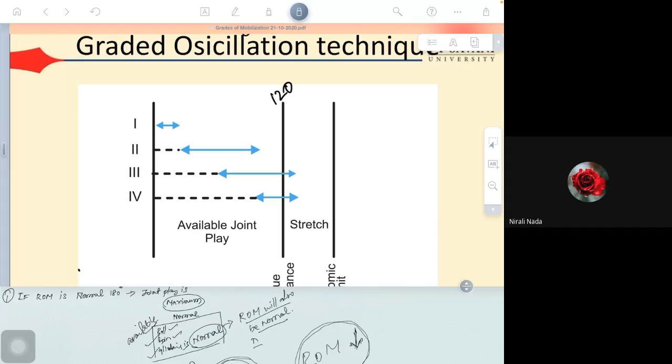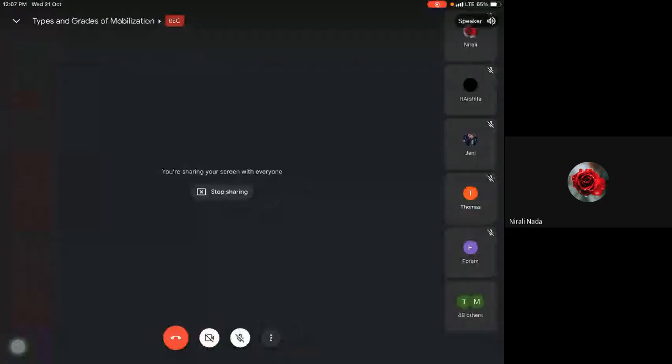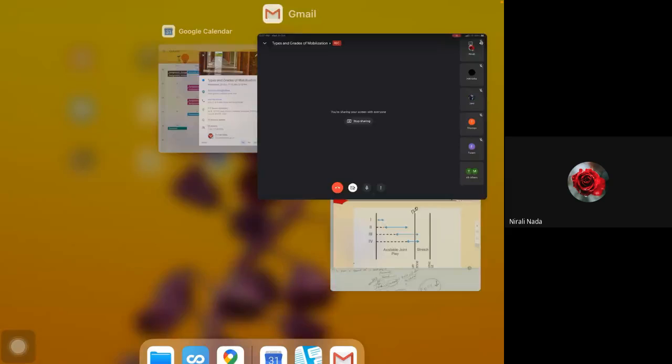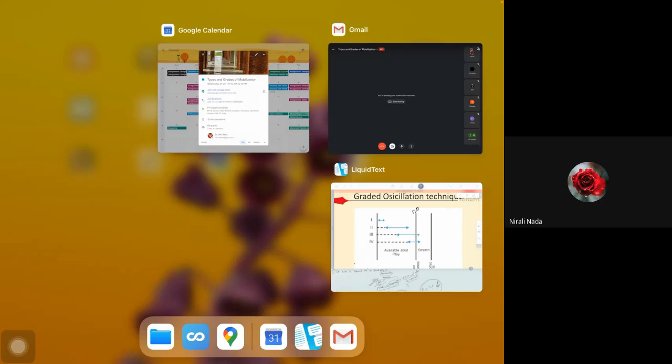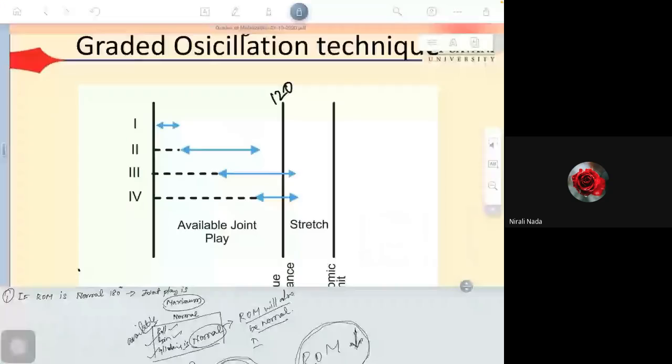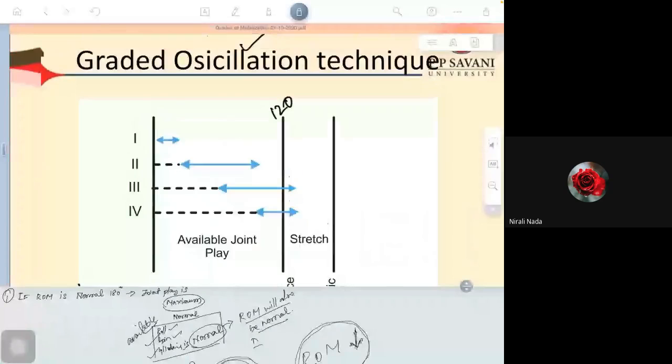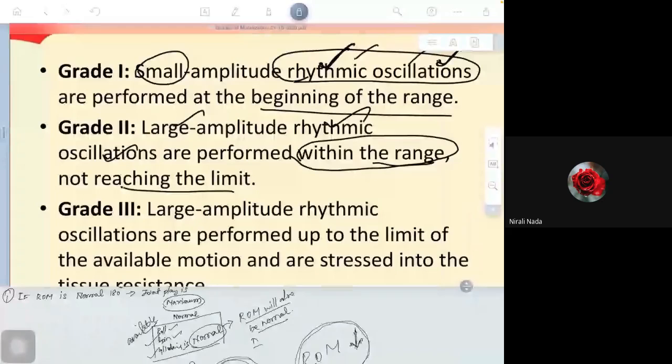So it is large amplitude rhythmic oscillation performed within the range. What is the range?